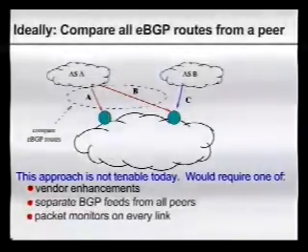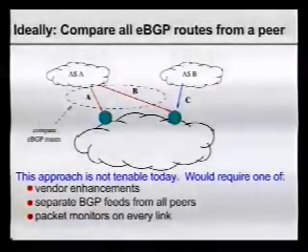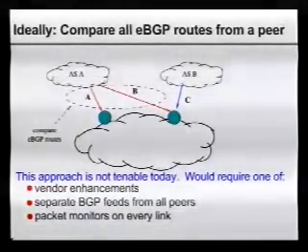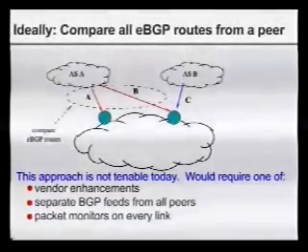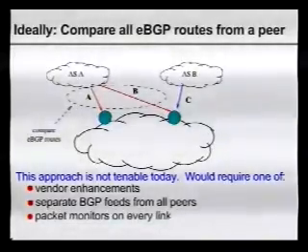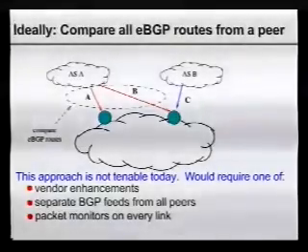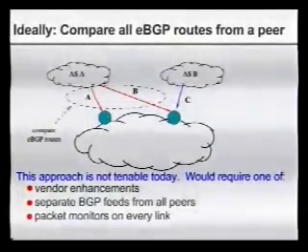One way to do this would be to require the vendor to tell me all the eBGP routes I'm getting in real time. Another way, assuming you trusted your peer and it wasn't sending inconsistent advertisements intentionally, is you could ask them to send you an eBGP feed of their routes at a separate router so I can monitor them.